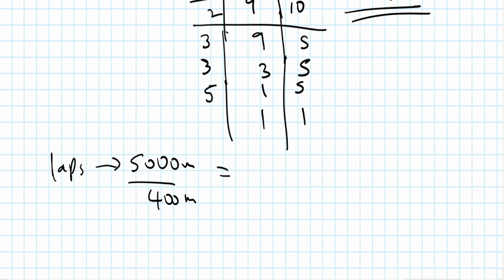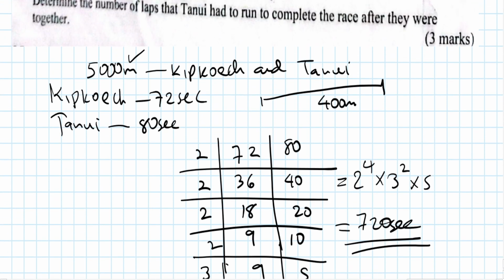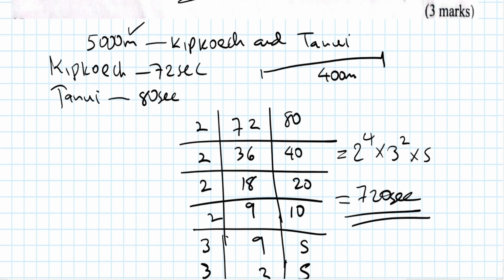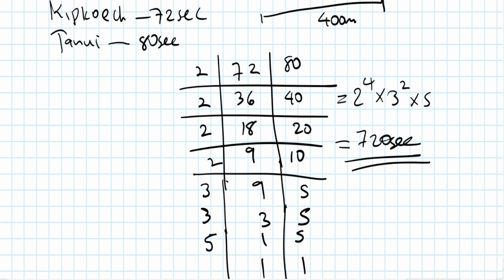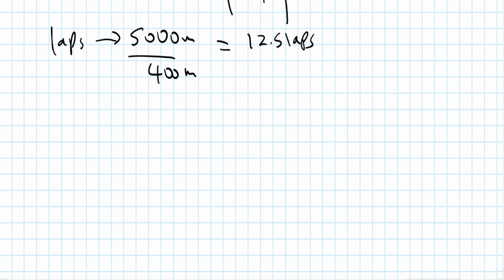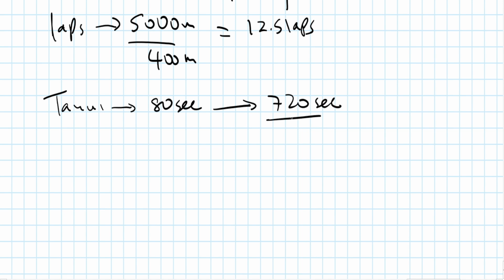Those are 12.5 laps. Okay, but now there's someone called Tanui. You've been asked to find the number of laps Tanui had to run to complete the race after they were together. Tanui usually took 80 seconds, but now since they take 720 seconds together, how many laps did he use?